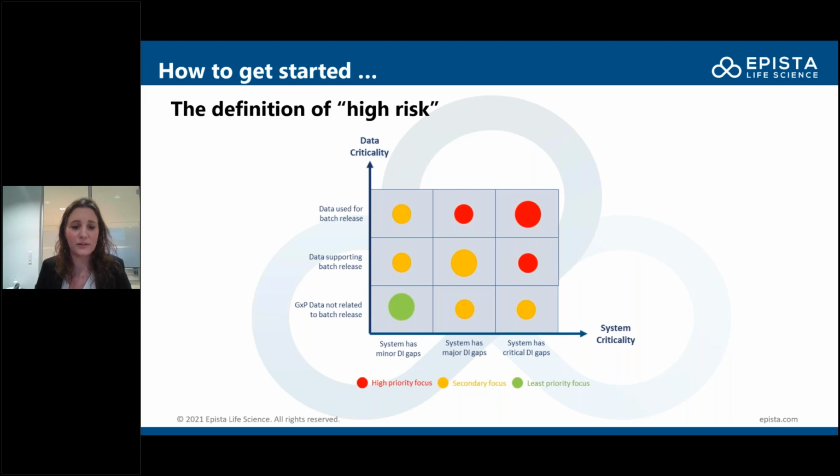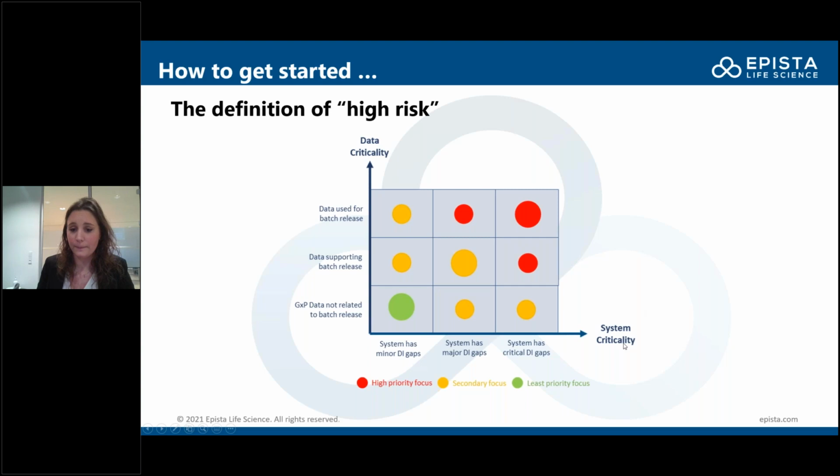And based on that, you can also define your criticality, saying, well, if it is actually going into a batch release decision, that data is a bit more critical. I need to first look at that data before going for data that's not actually affecting my product quality.